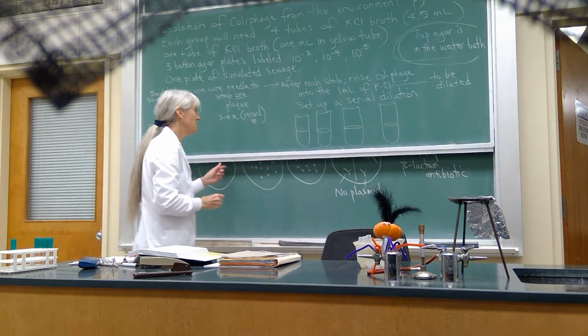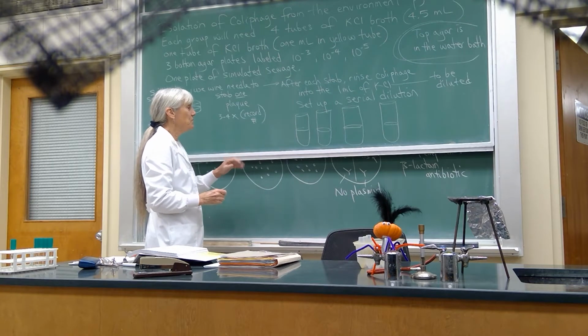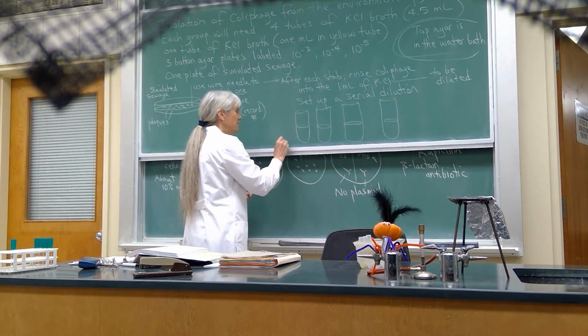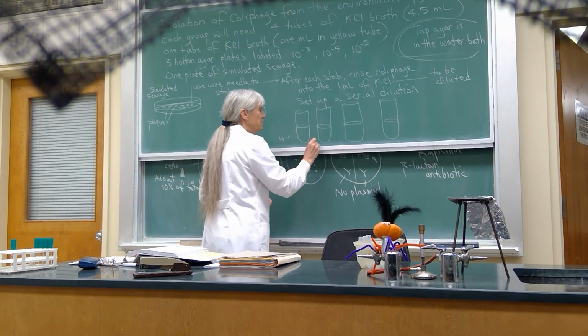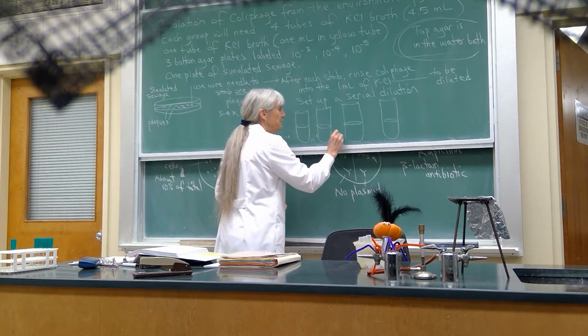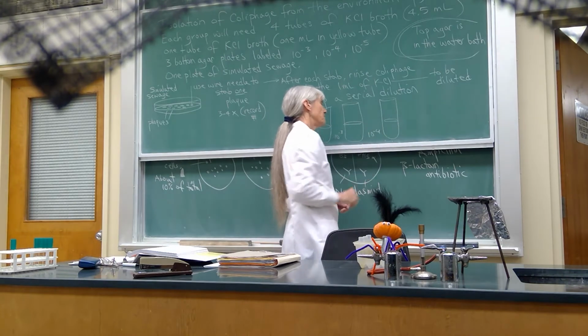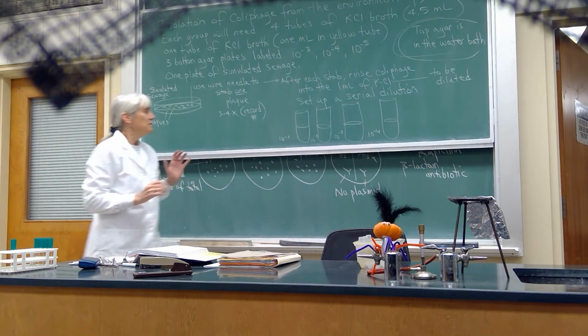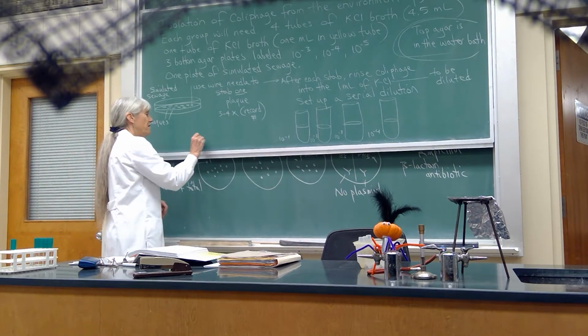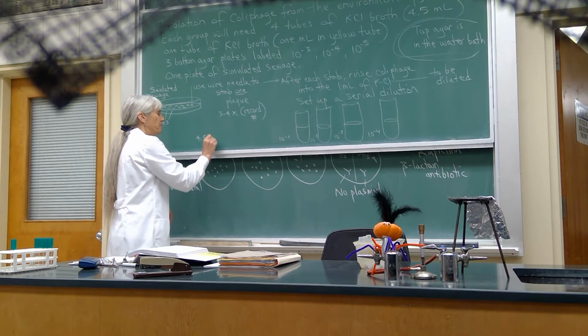They're supposed to all contain the same amount. Okay, so this one is going to be 10 to the minus 1. This is 10 to the minus 2. This is 10 to the minus 3. This is 10 to the minus 4. Each one of these is 4.5 mils.